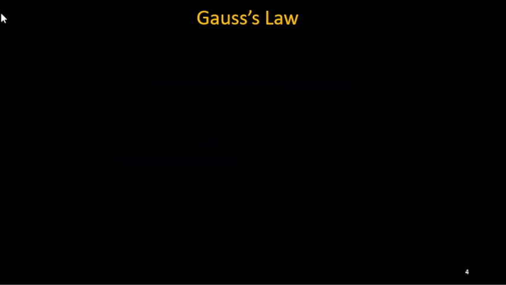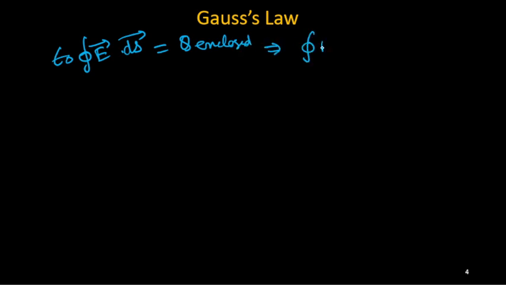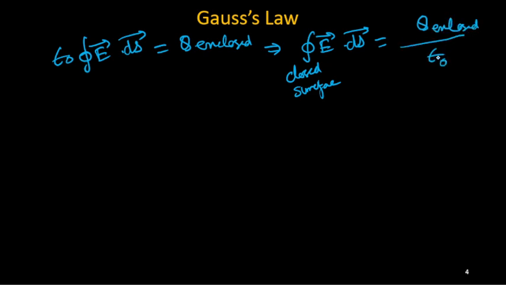So we can also rewrite this as epsilon naught times the closed surface integral of E dot dS equals the charge enclosed. In other words, E dot dS for this closed surface becomes the charge enclosed upon epsilon naught.